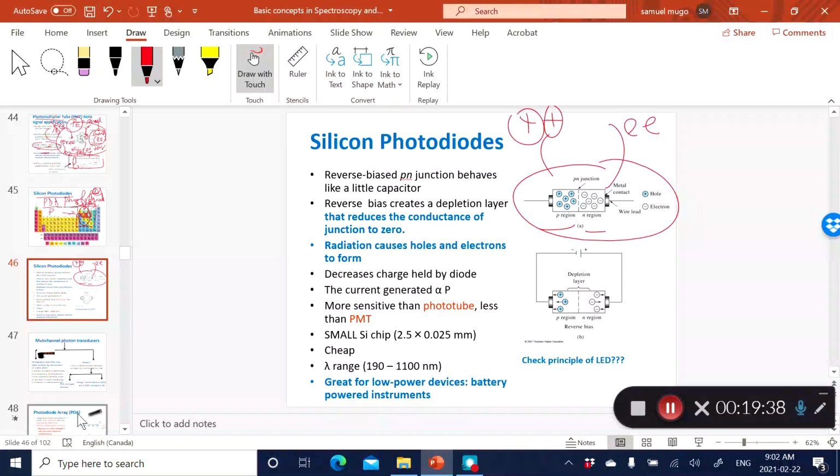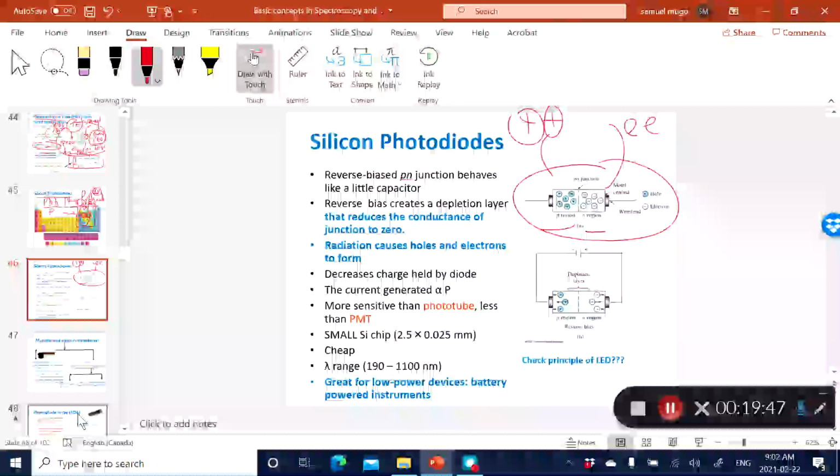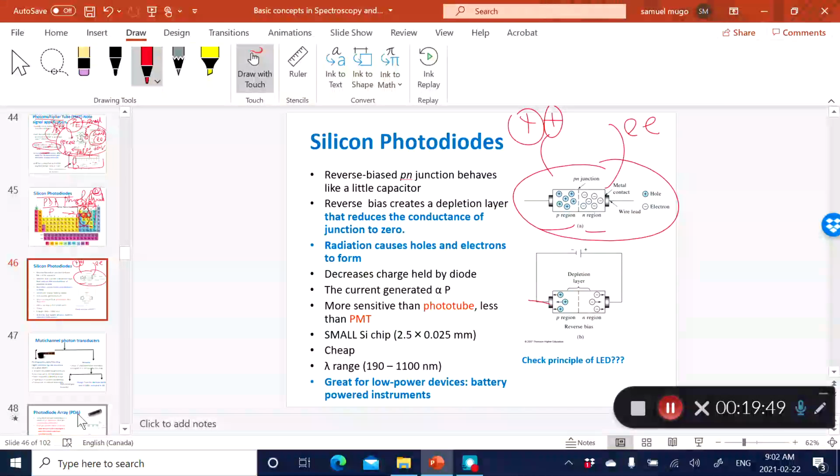And holes mean electron deficient areas. Now, if I take that P-type diode and connect it to a power supply, where this side of the P I connect to the negative, and the N side I connect to the positive terminal of a battery.